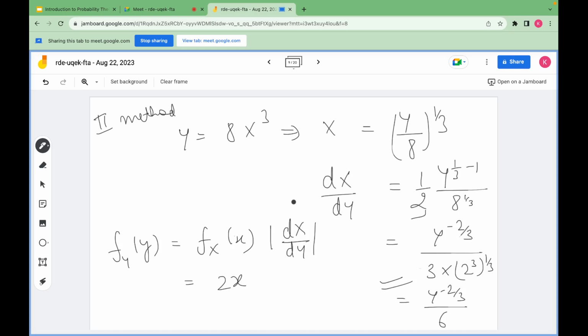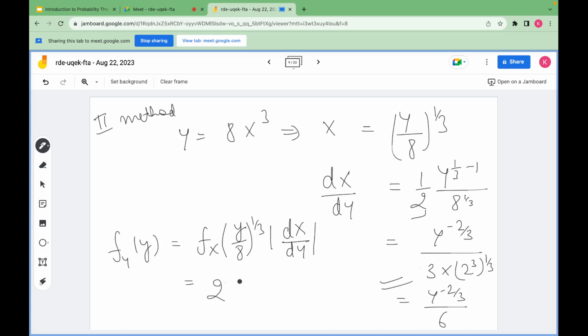It won't be solved using this thing; it will become difficult. Instead of small x, we will write y to the power 1 by 3 divided by 8, into dx by dy. We replaced x by this expression.